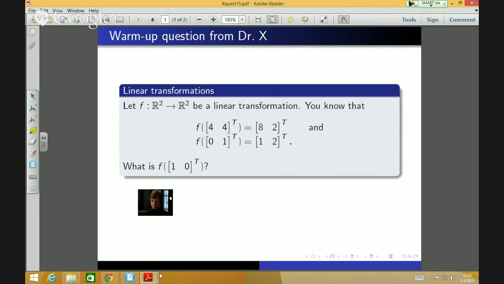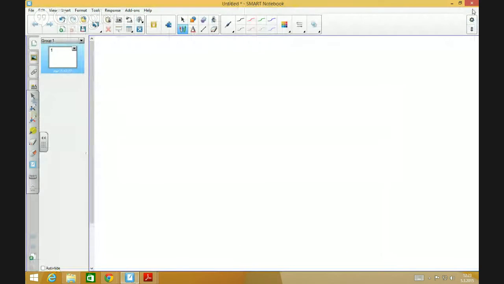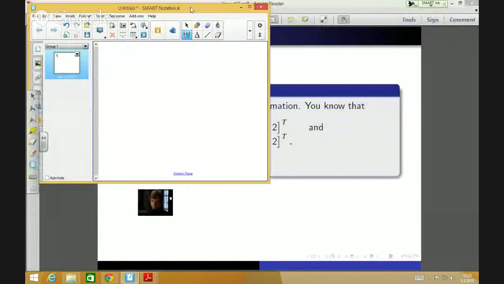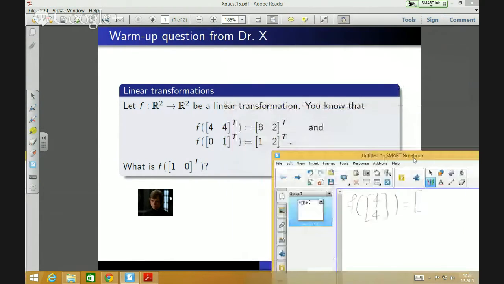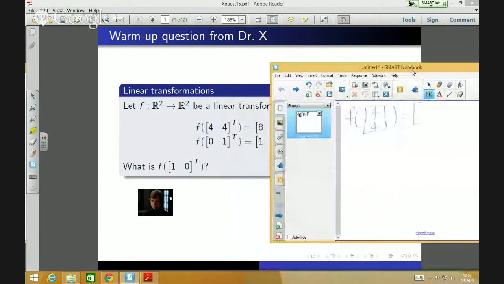Okay, so let's see. There have been already a couple of suggestions here. So let me write what we know. We have that f of (4, 4) is (8, 2), and f of (0, 1) is (1, 2).